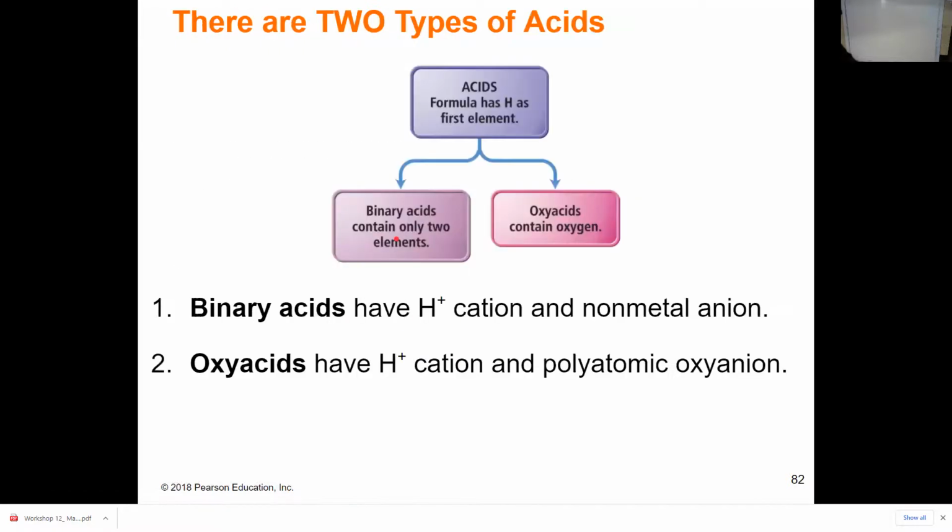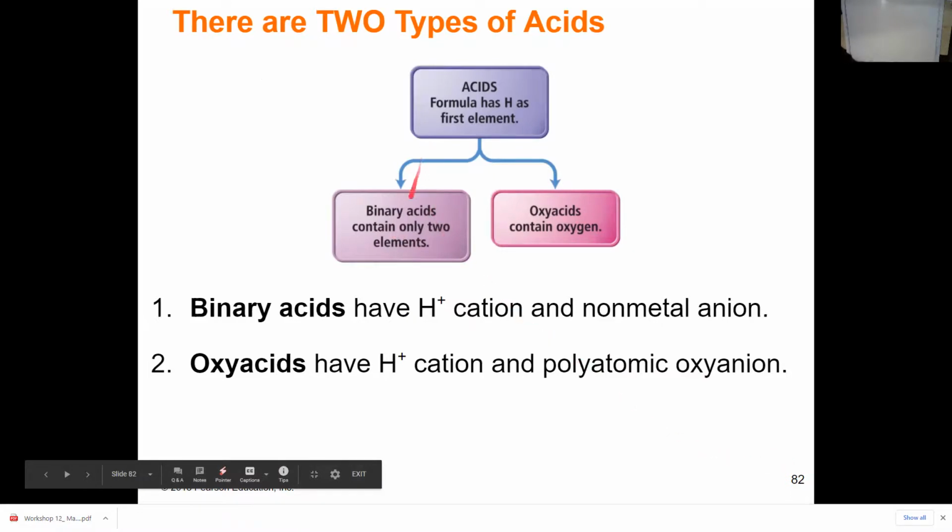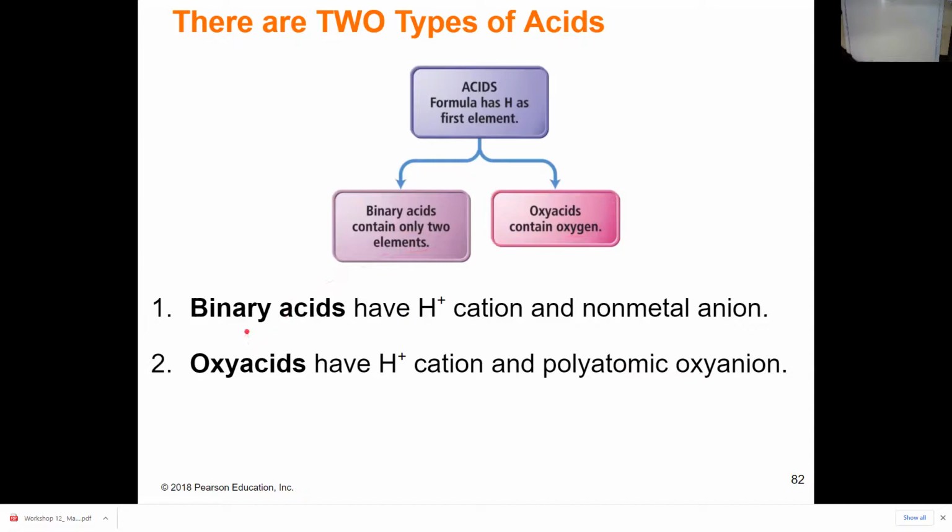There are two types of acids in particular that we're going to focus on: binary acids and oxyacids. Binary acids are going to have the hydrogen out front, followed by a nonmetal that is not oxygen.